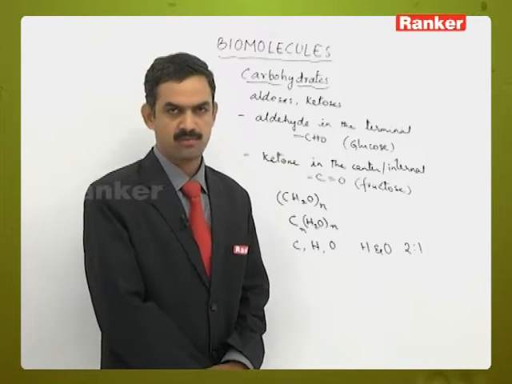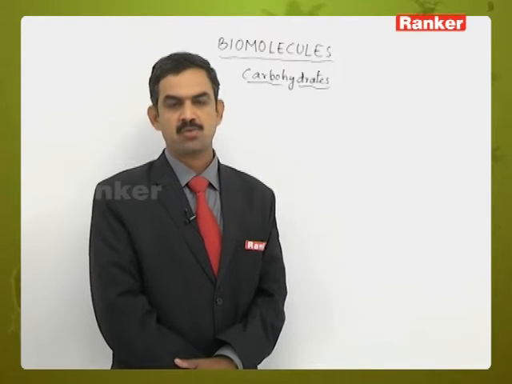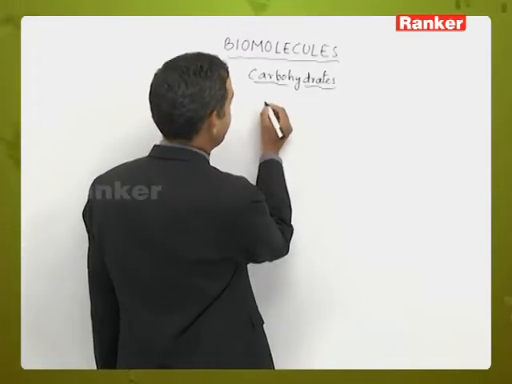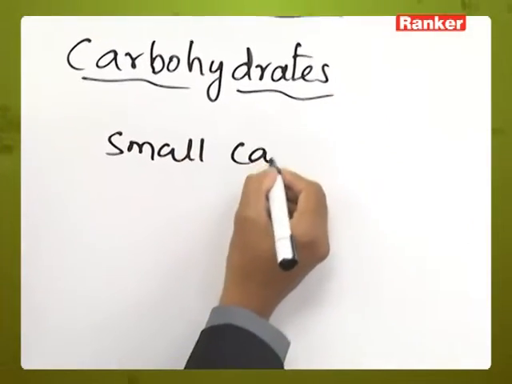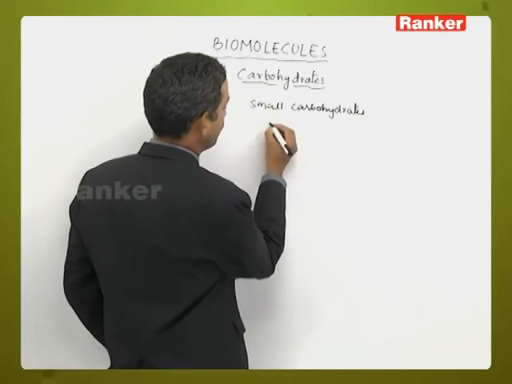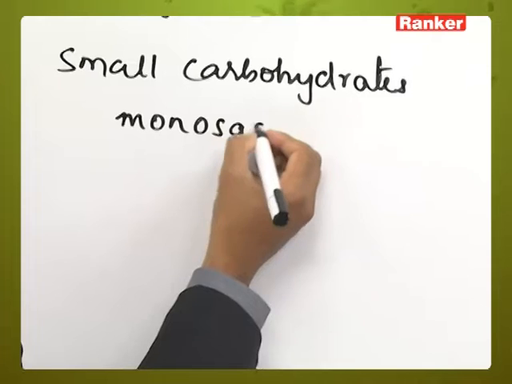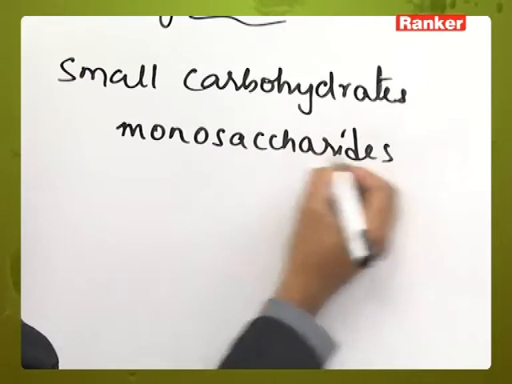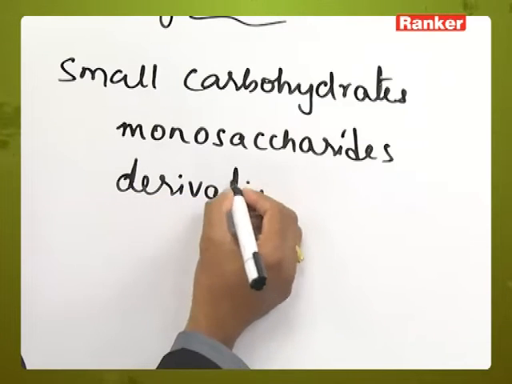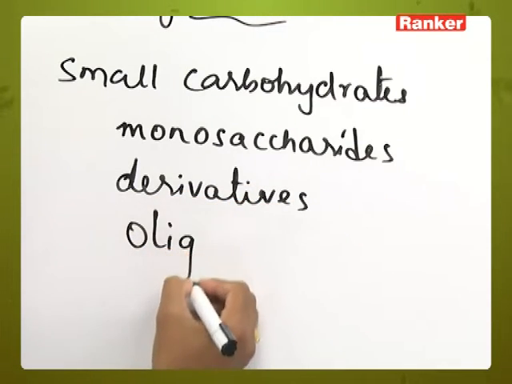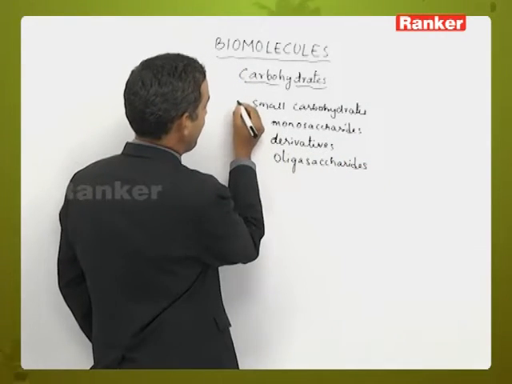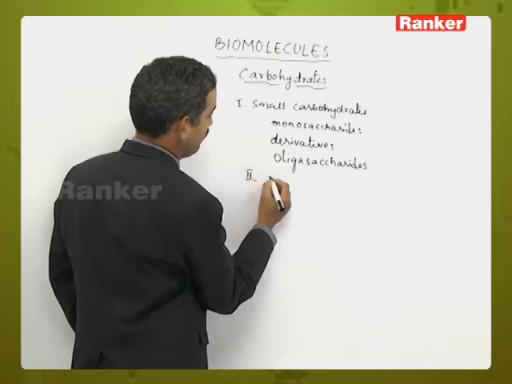These carbohydrates are of different types based on the number of monosaccharide groups present in them. Based on that, we can say there are small carbohydrates, which include monosaccharides, monosaccharide derivatives and oligosaccharides, the three types, and the second group is the polysaccharides.